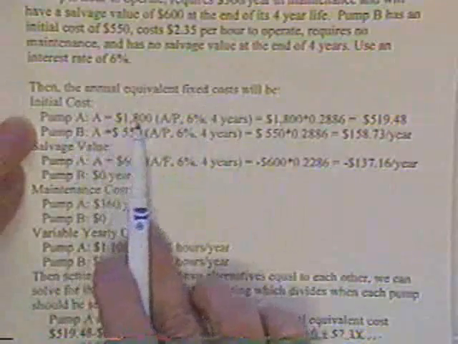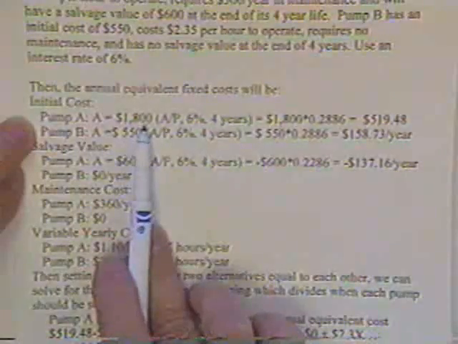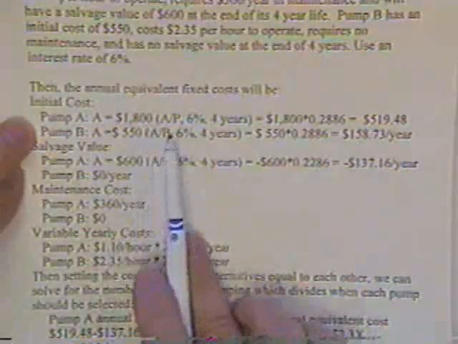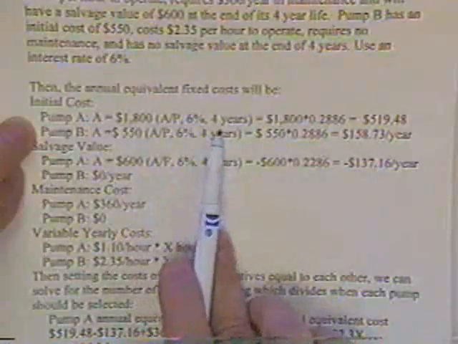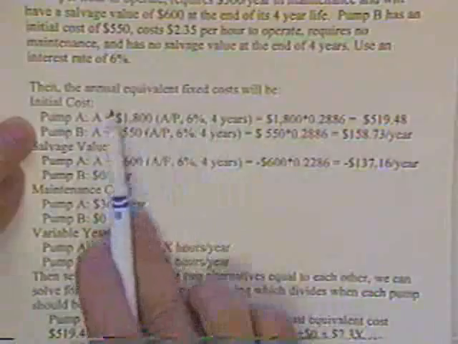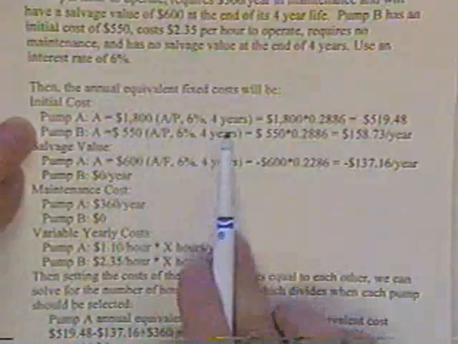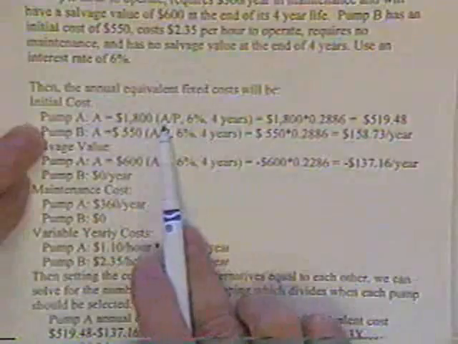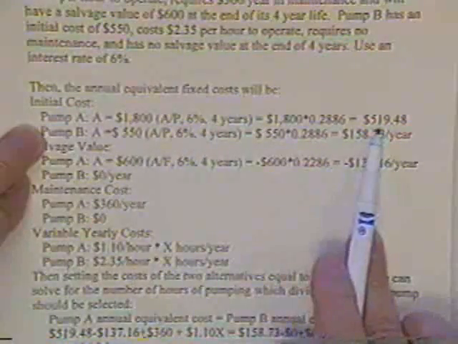Pump A. Well, Pump A costs you $1,800, and that's times A over P at 6% for 4 years. That says the annual equivalent fixed cost, like an annuity, would be $519 a year.